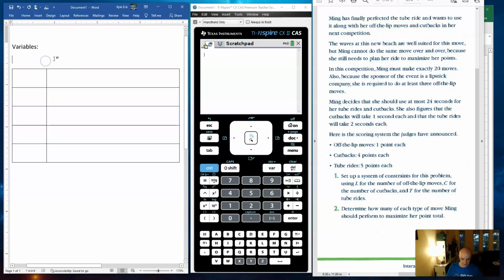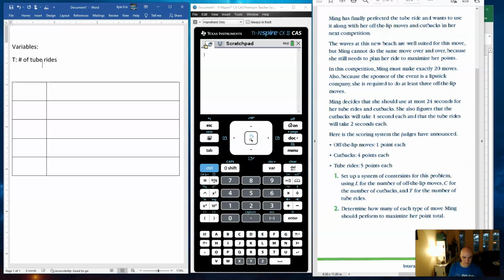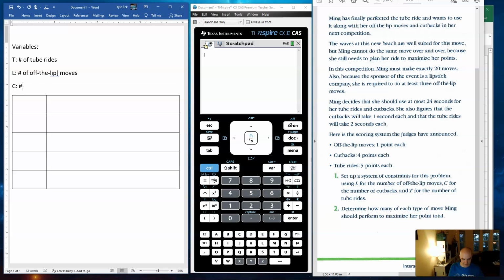So let's do T for the number of 2 brides, L for the number of off the lip moves, and C for the number of cutbacks. These are all real surfing moves, by the way. You can look them up.